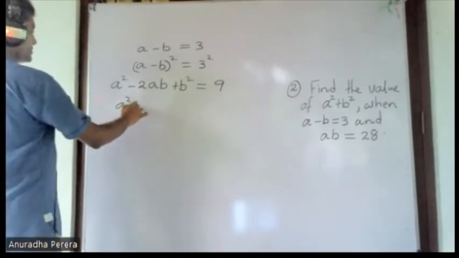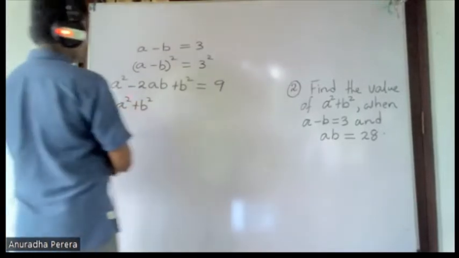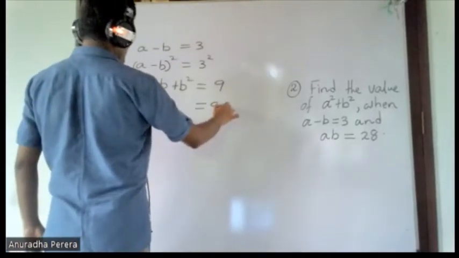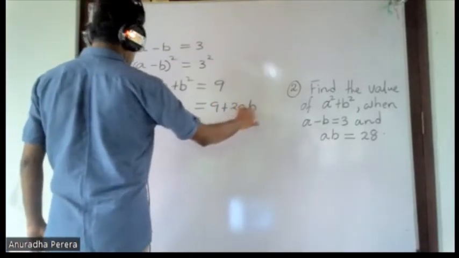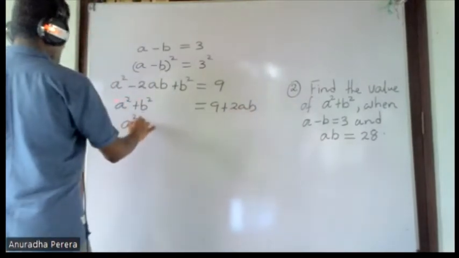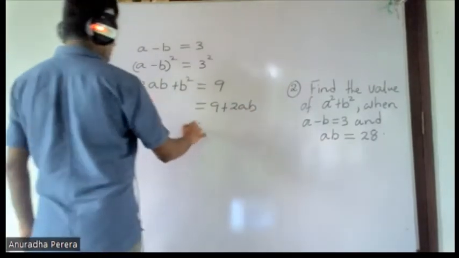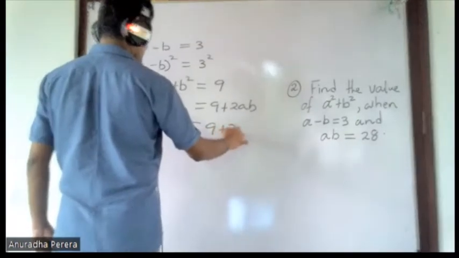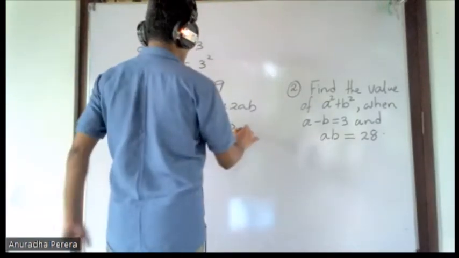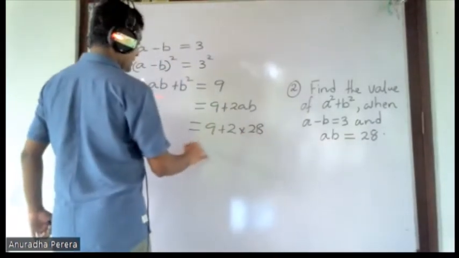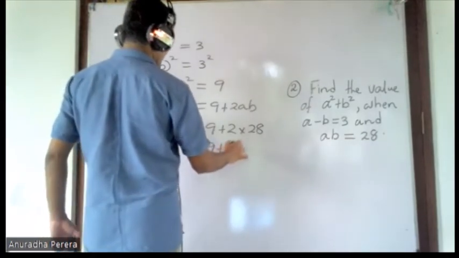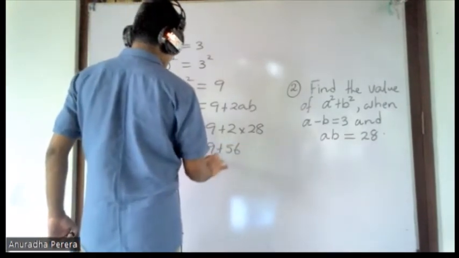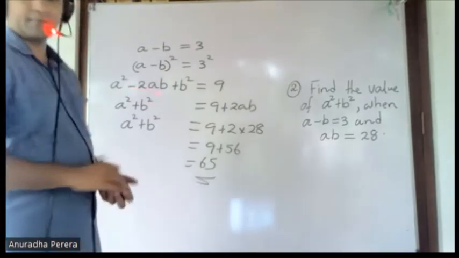Make a squared plus b squared the subject: 9 plus 2ab. a squared plus b squared equals 9 plus 2 times ab, which is 28. 9 plus 56. The answer is 65. Very good.